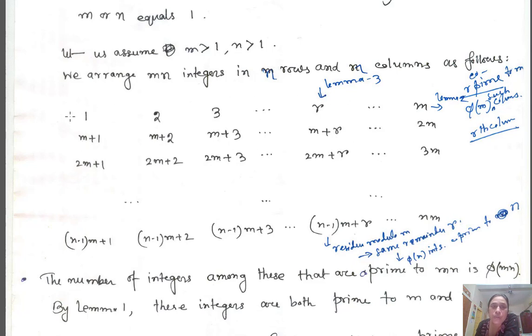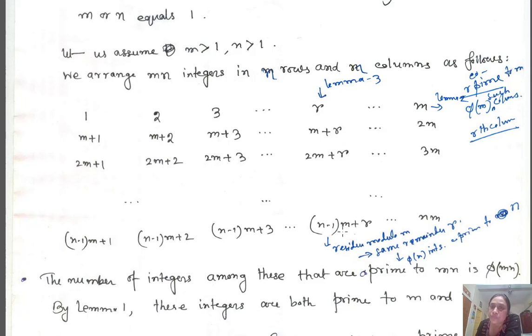And in the first row, how many elements are there which are co-prime to m? Phi m many. Suppose this r is co-prime to m, then all the elements here are co-prime to m, because all these elements give the same r modulo m. So if r is co-prime to m, then this whole column, all the elements are co-prime to m.